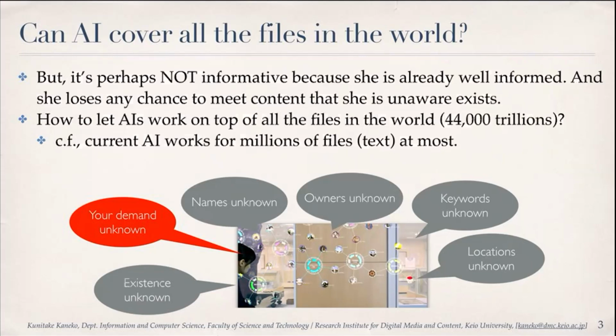It seems that nobody knows the exact number. However, it's roughly 44,000 trillions of files. So I'm now thinking that among those 44,000 trillions of files, I want to have some candidates of the content I want to see, right?